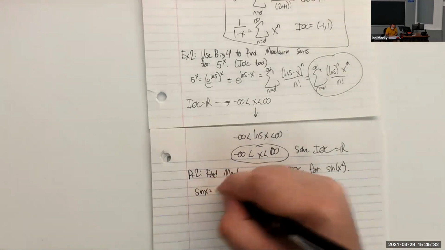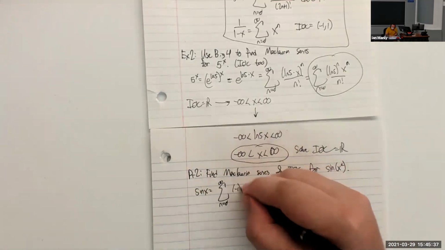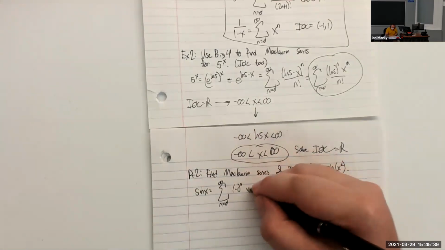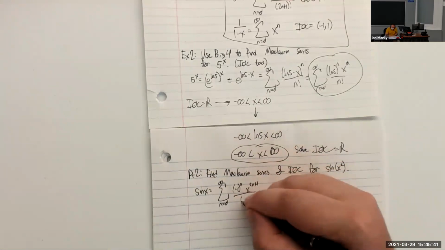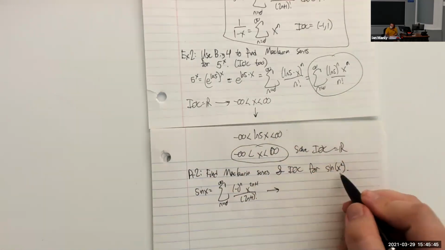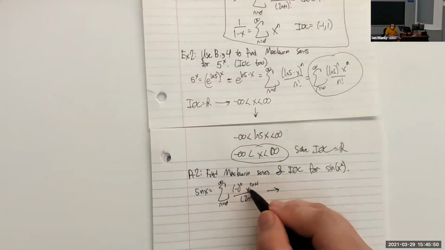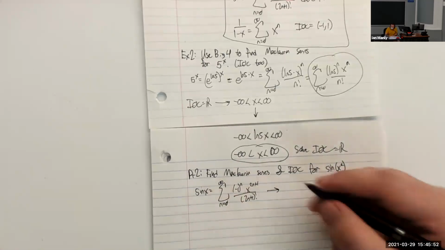So sine of x written above is the sum from n equals 0 to infinity of negative 1 to the n, x to the 2n plus 1 over 2n plus 1 factorial. So all I'm doing to get sine of x squared here is simply replacing any x I see in this formula with an x squared.